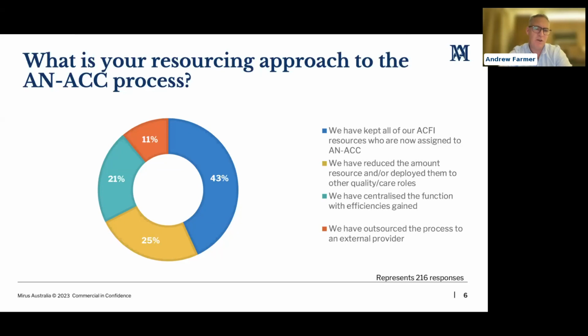So you can do a similar thing in the process when you're trying to manage AN-ACC through centralized resources and accessing a lot of information remotely. So a lot of organizations are taking advantage of both centralizing the information and process, and also even outsourcing some of that process. And we have a number of clients looking at that to gain efficiencies. And we'll talk a bit more about that later on.